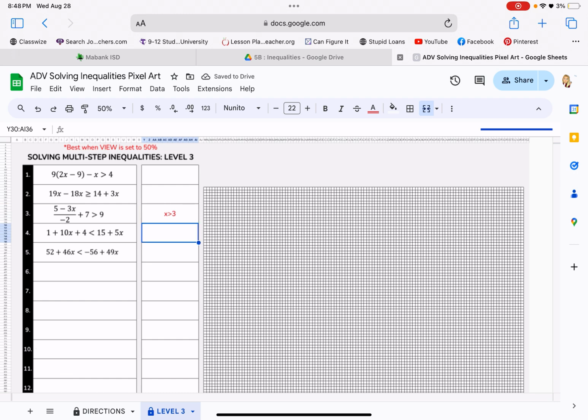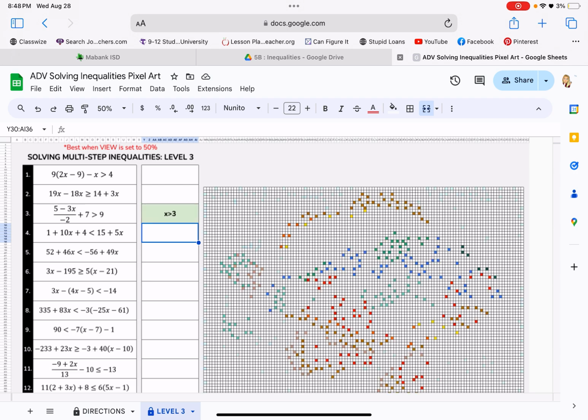There you go. It'll turn green and then colors will pop up. All right. Do your best.